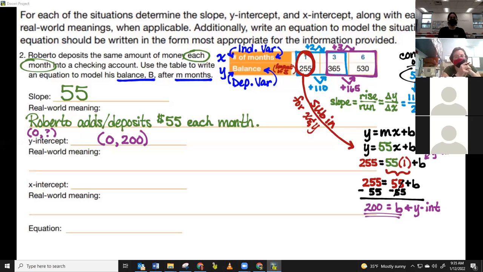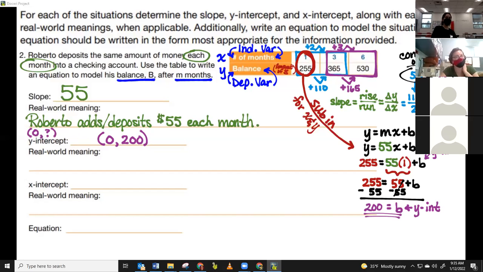Zero months or balance? Because we're talking about months and balance, M and B. Is the 0 months or is the 0 balance? Look up at our table.